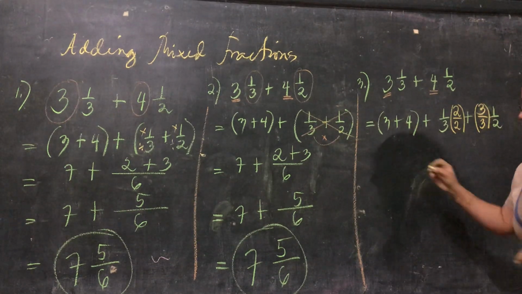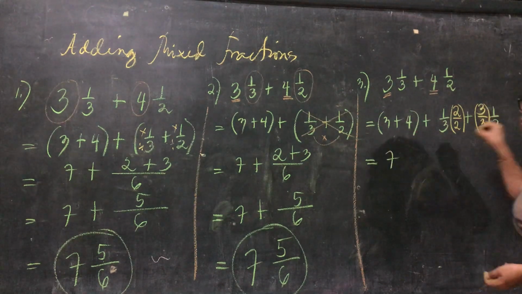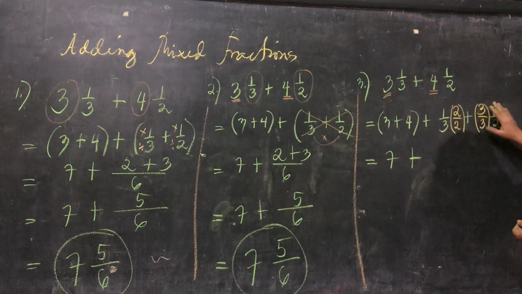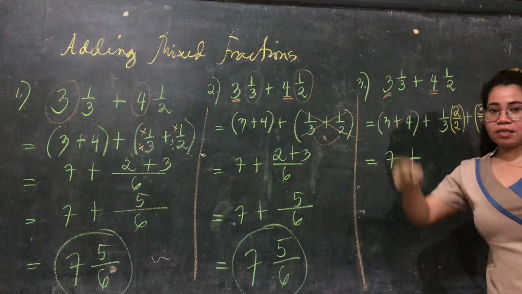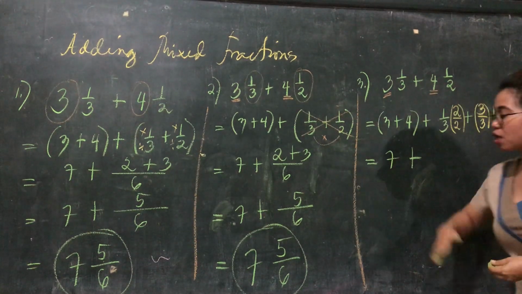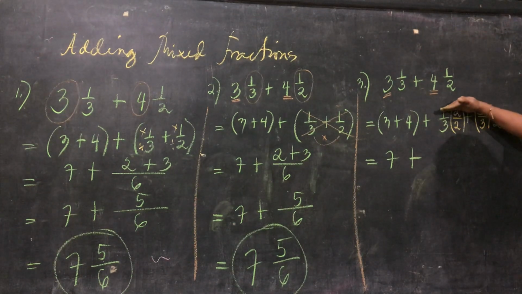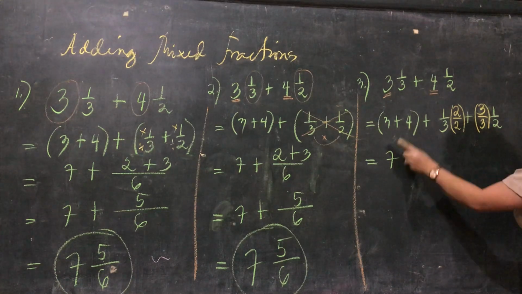So mag-times na ta. Equals 3 plus 4, you have 7. Copy, and then times na ta. Ang parenthesis is a multiplication. Recall ta sa multiplication of fractions, taas times taas, over baba times baba. Again, 3 plus 4, you have 7.